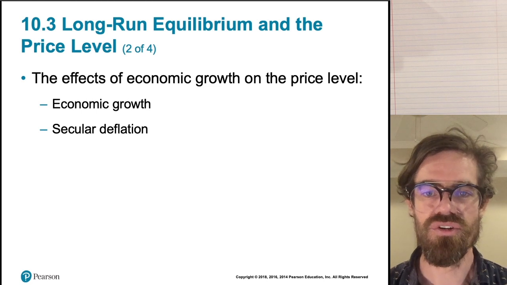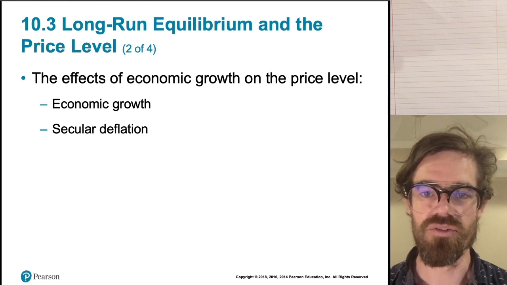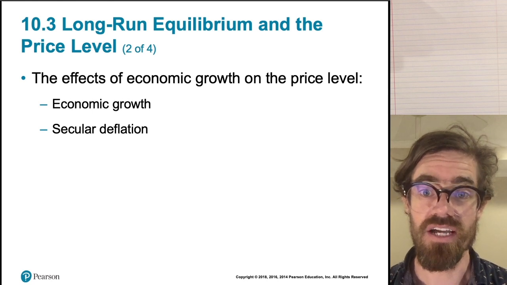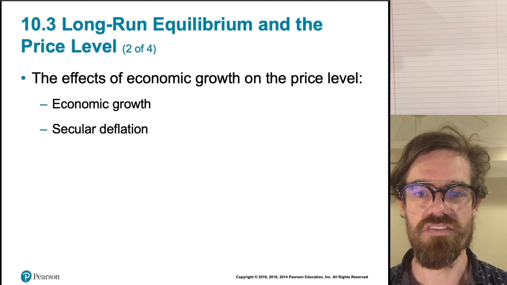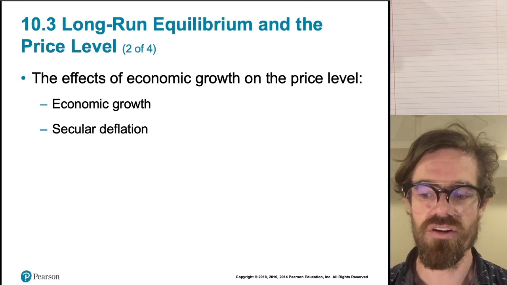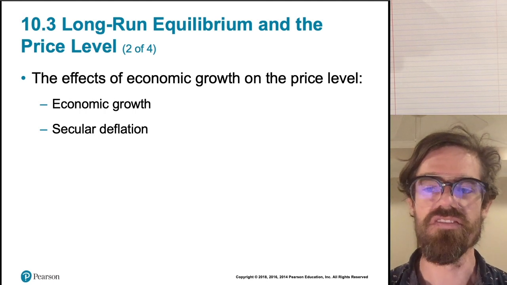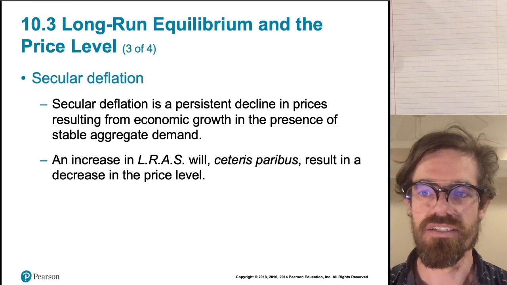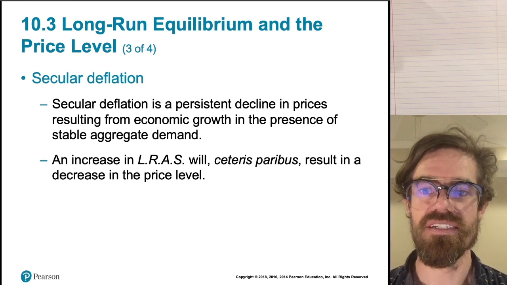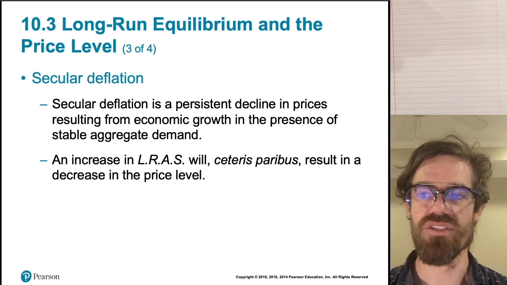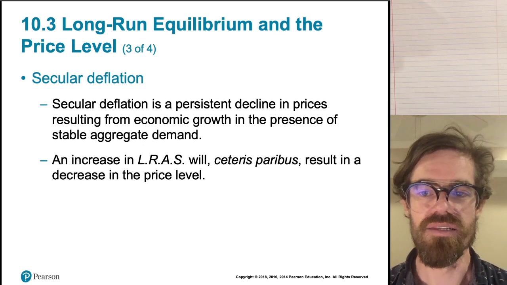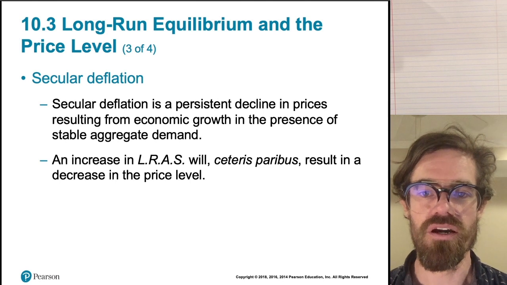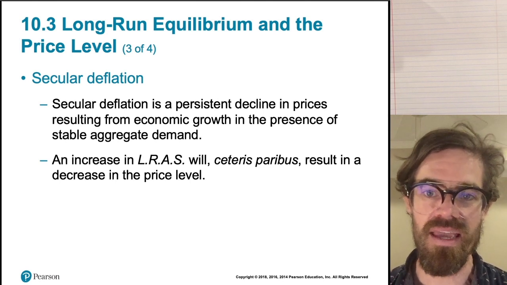Okay, so hopefully you drew it out and you determined that as economic growth takes place, the price level actually goes down. And so when we have deflation that's the result of economic growth, we call that secular deflation. Okay, so it's this persistent decline in prices that results from economic growth in the presence of stable aggregate demand. So we are, of course, assuming that aggregate demand is not changing.